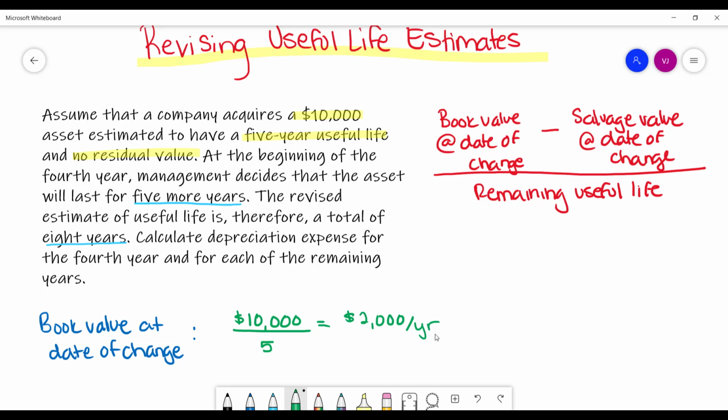But remember, on the date of this change, when they decided that they needed to revise these estimates, they had already used the asset for 3 years. So 3 years worth of depreciation had already been recorded. So at that point, $6,000 of depreciation had been recorded on this asset to date.